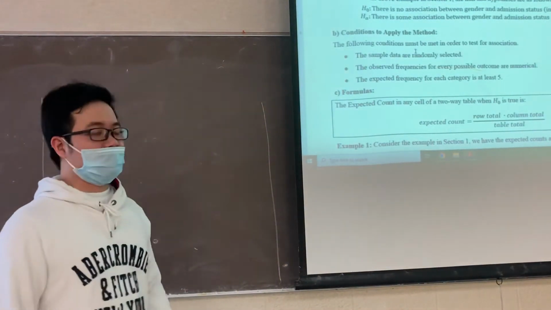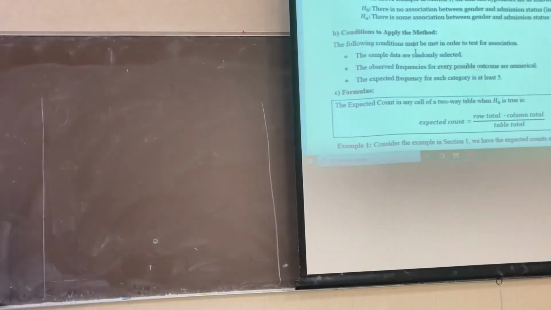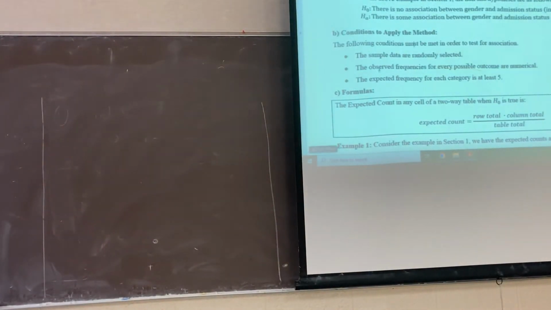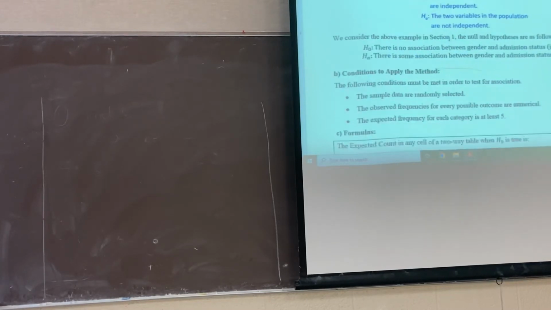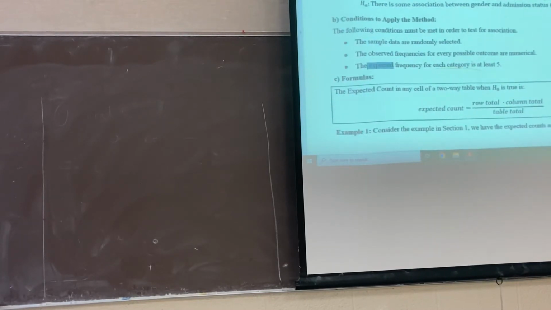Second, we have to know the observed frequencies, that means the number of students here. If we don't have this information, we cannot apply this method. And the expected frequency for each category must be at least 5.